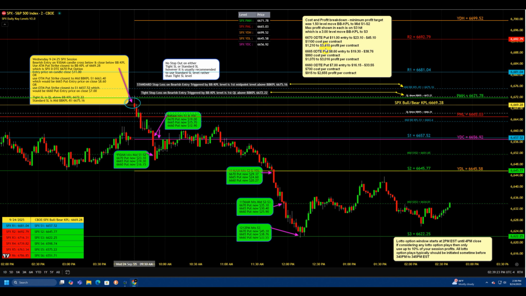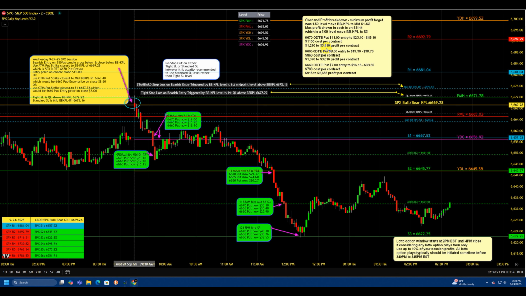So during the lotto window, you could take up to $341, which would represent 10% of your profits from the session, to possibly apply towards any lotto option trades.